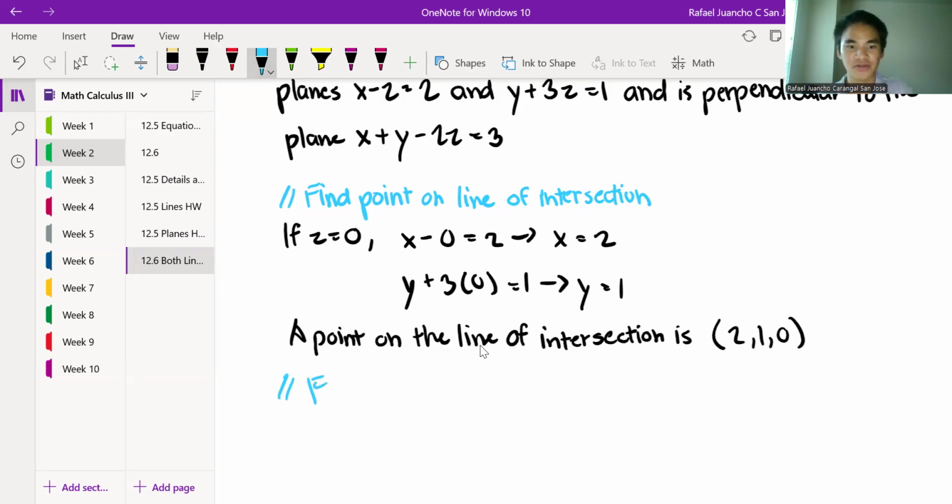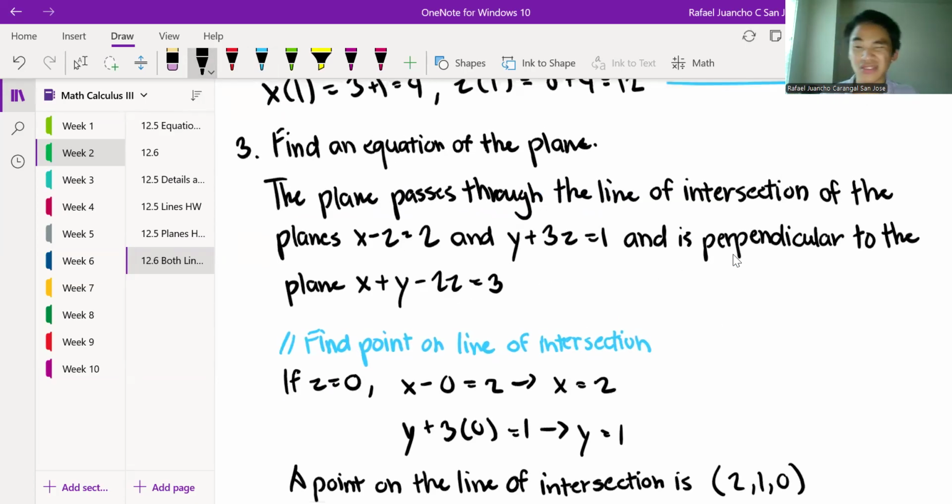Now we find our normal vector, which is easier. Let's just denote it as n. And so how do we do that? Well, it says here that the plane is perpendicular to another plane. And what does it mean? Well, let's say this is the plane we have, but we don't know the equation.